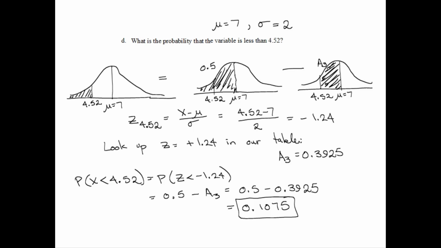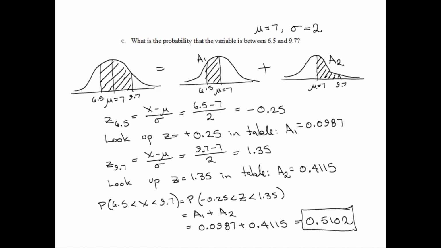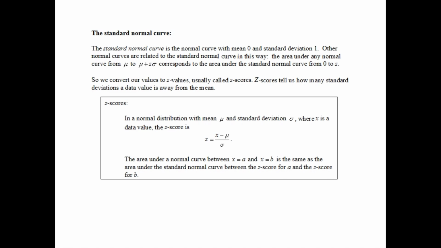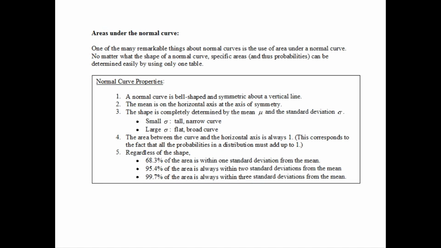If we go back a few pages, here it is. Look at this. 95.4% of our area is within 2 standard deviations from the mean. That's what we just discovered.